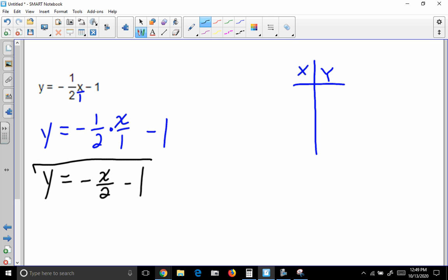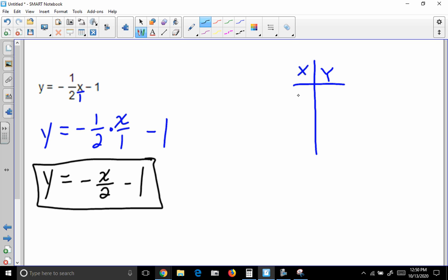And the reason that some people like to write it this way is so that when we pick a number for x, it's helpful if we pick a number for x that's divisible by 2. Now, any number we can divide by 2, but some of them we get remainders for, or decimals.